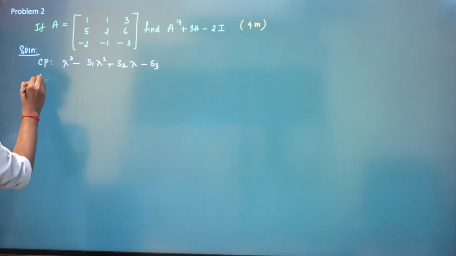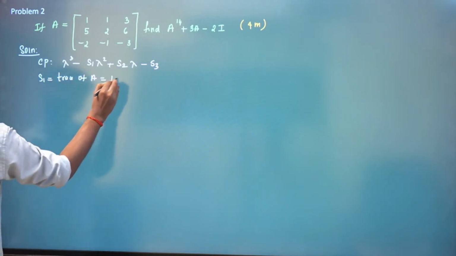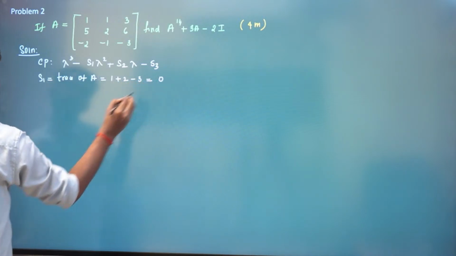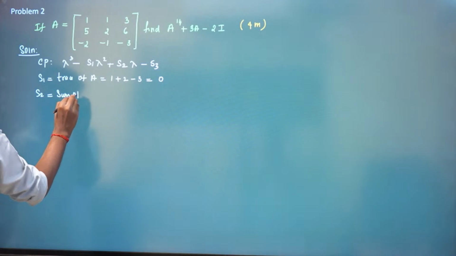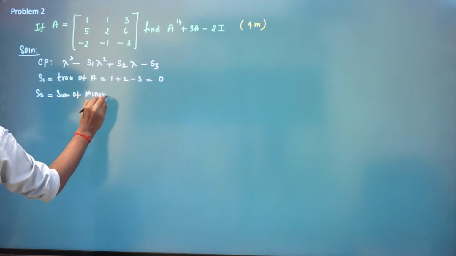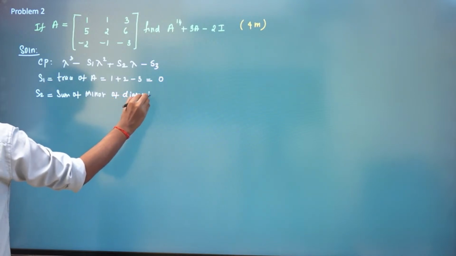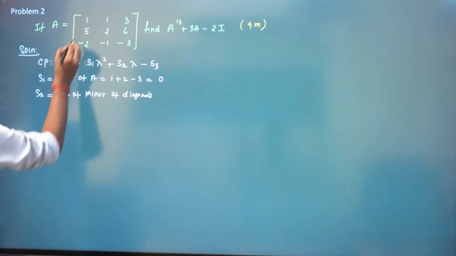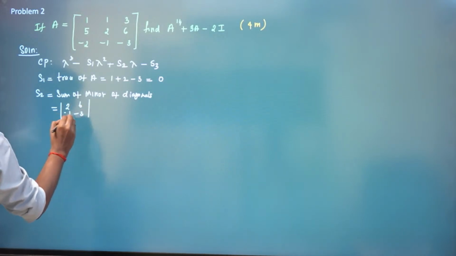So what is S1? S1 is the trace of A. Trace of A is 1 plus 2 minus 3, so trace is 0. S2 is the sum of the minors of the principal diagonal elements. So what will this be? The minor for 1 is 2, 6, minus 1 and minus 3.